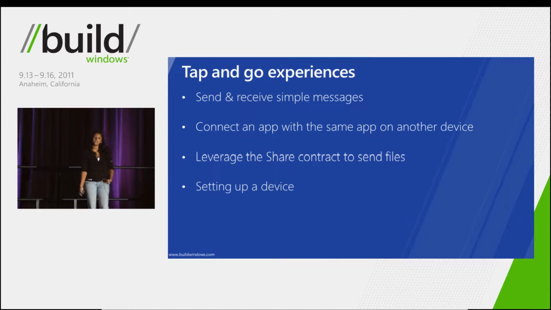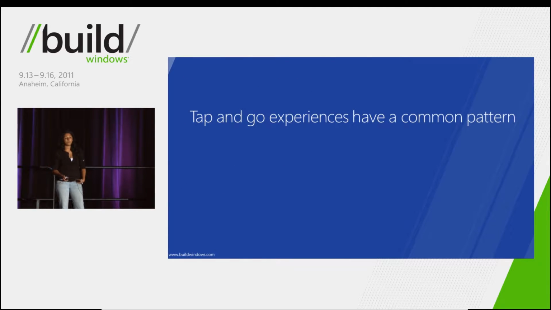And going back to the share example I was just talking to you about with files, we are doing that in the same way that the share charm is getting used with app developers. So you can just leverage the share contract in order to get the NFC sharing feature. But when we look at all these different tasks, whether it be connecting an application together or sharing files together or setting up a device, there's a specific pattern that we found around all these experiences.